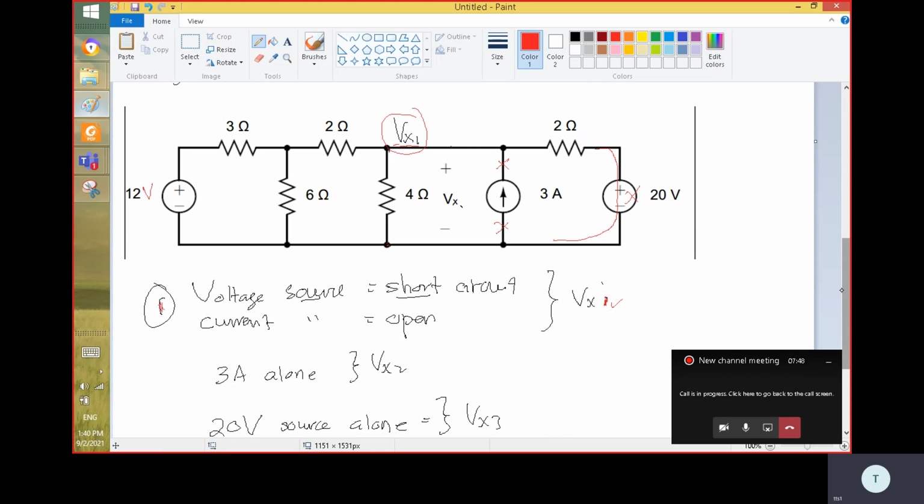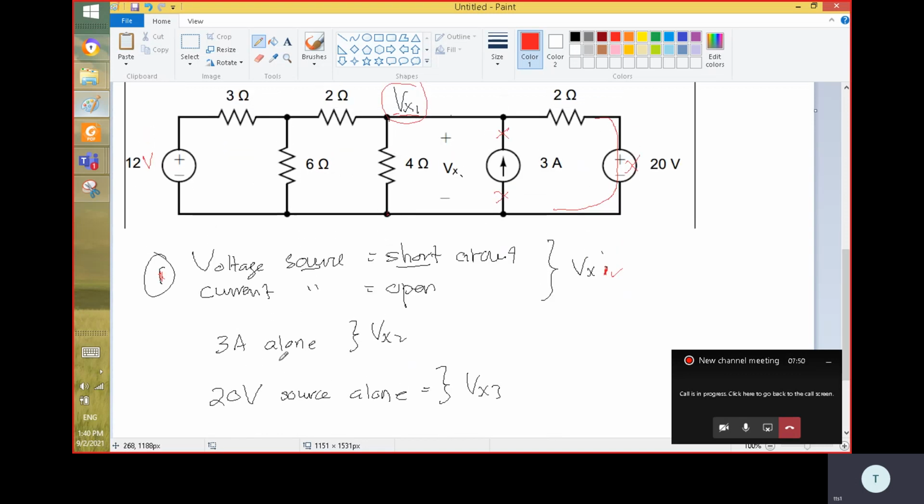After you've done this, for the second step, you take away this voltage source, you leave only the 3 ampere in the circuit. And this node here now becomes Vx2. One more time, for step number 2, you take away the voltage source, you just leave the 3 ampere inside the circuit.